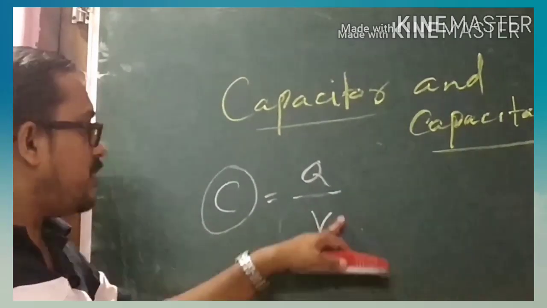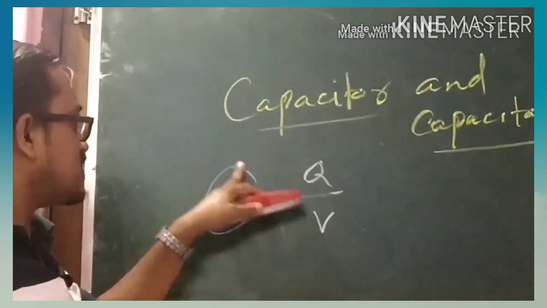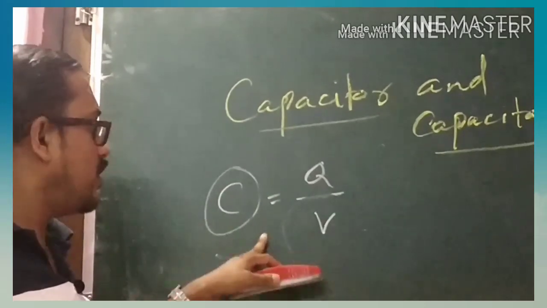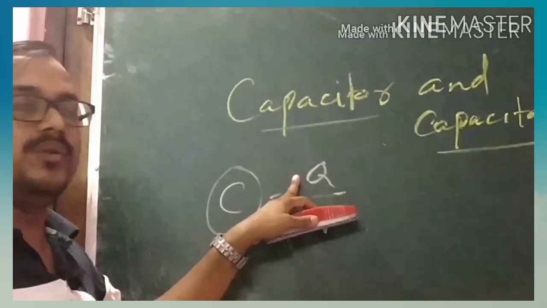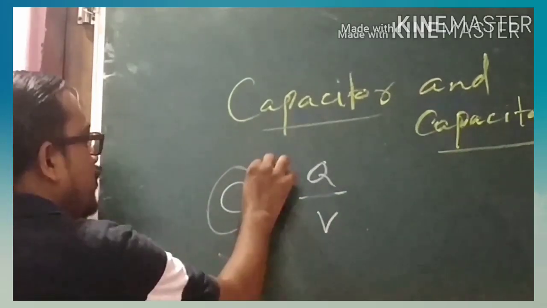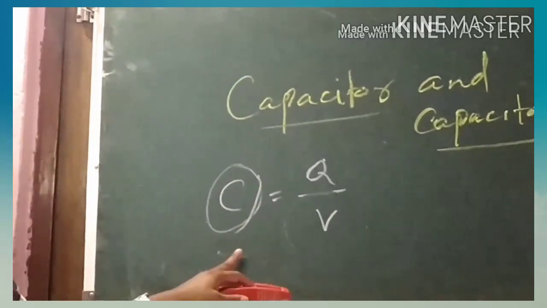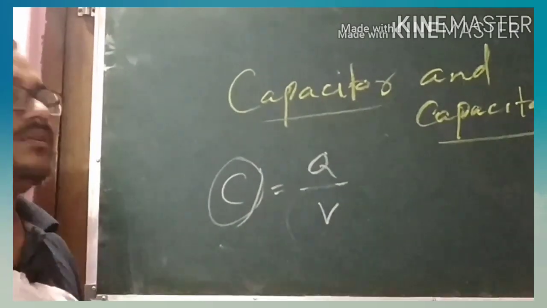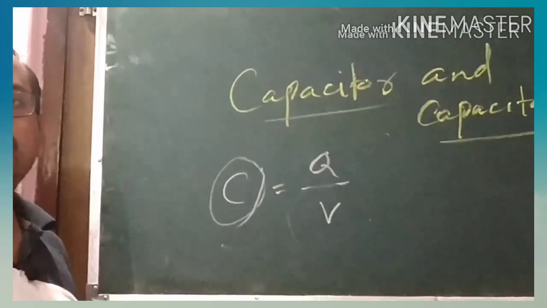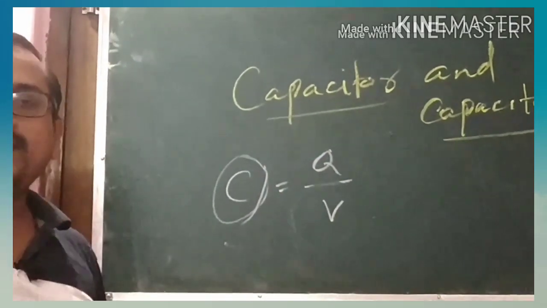When the V value is high, the capacitance of the capacitor will be low, and the charge contained by the capacitor will be low. How can we prove this? Suppose we apply a very high potential to the region between the two conductors. That means we are applying a high electric field.